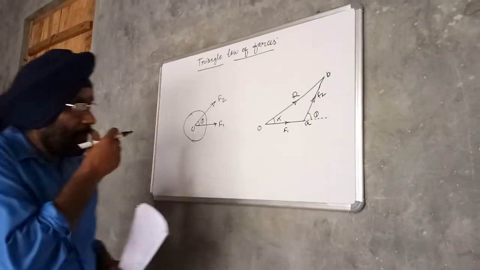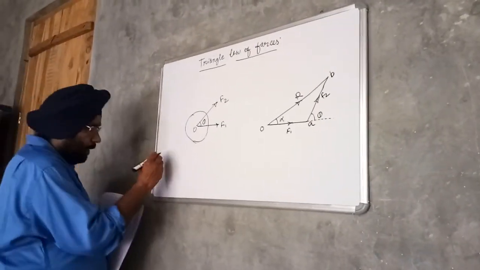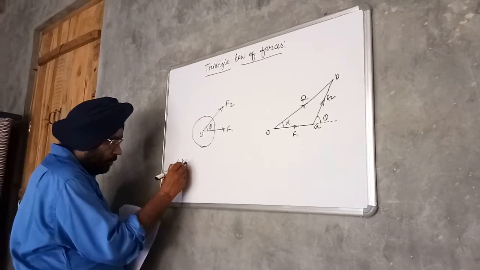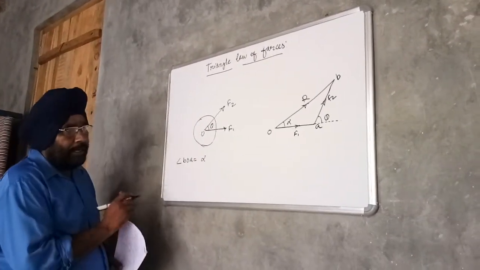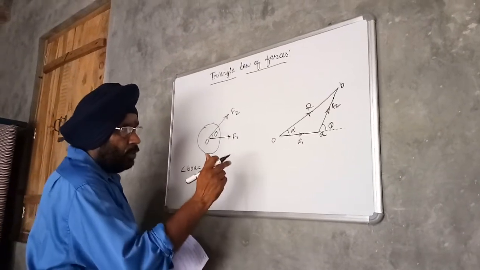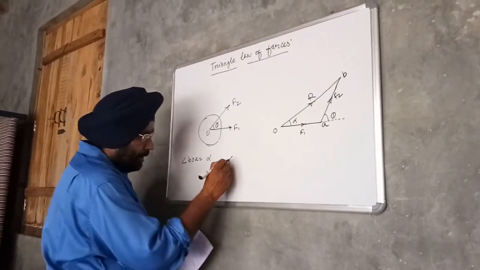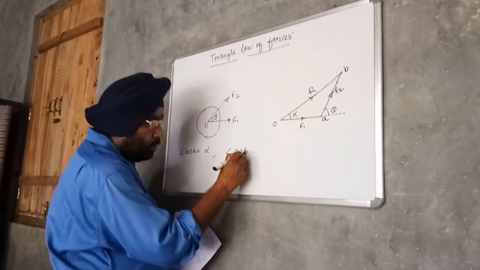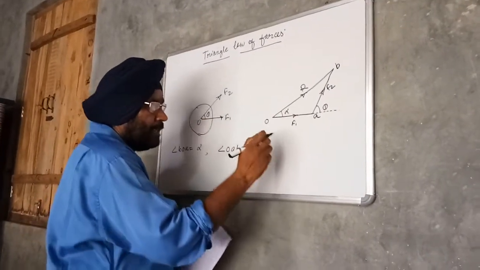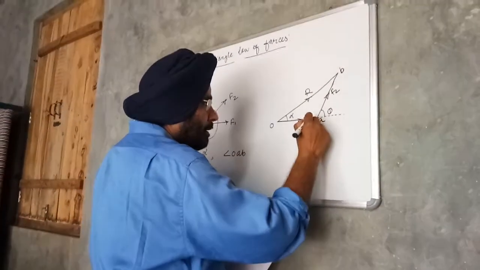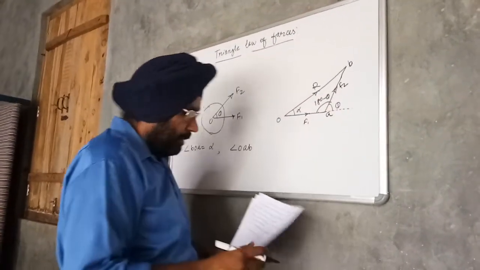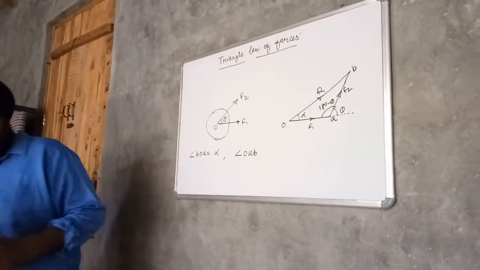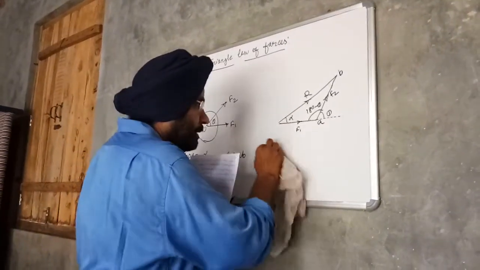Then angle BOA is equal to alpha, and angle OAB is 180 degrees minus theta. Actually, these are capital letters.